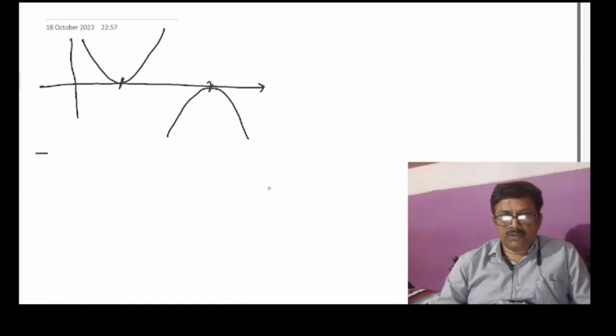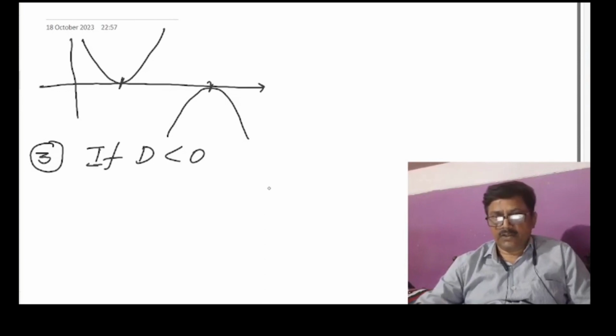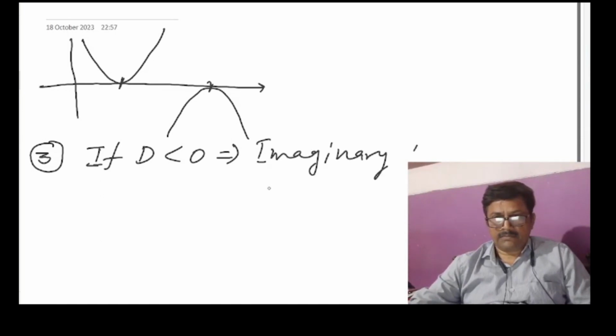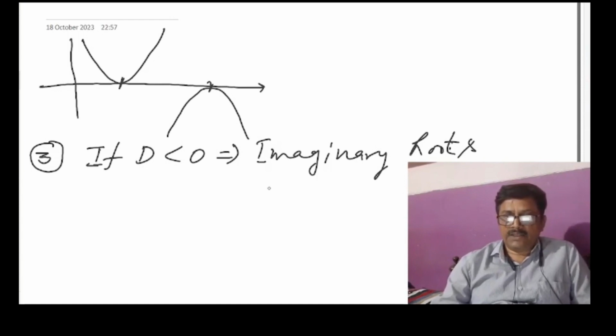Now I come to the third point of this concept. If the discriminant is negative, there are imaginary roots. We all know that if the discriminant is negative, there are imaginary roots. Imaginary roots means no real root.